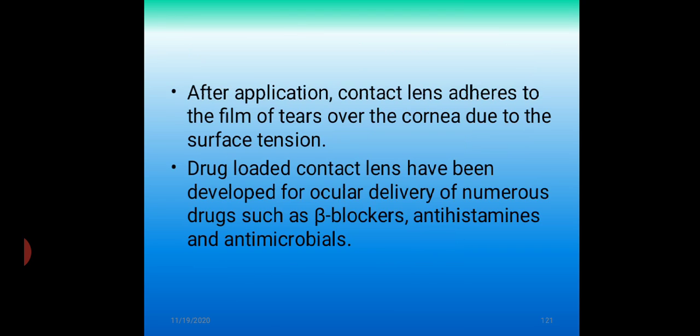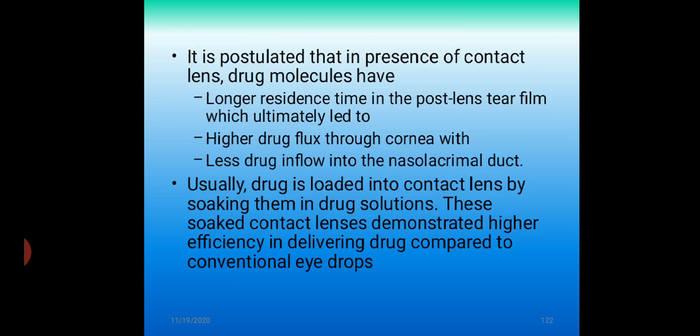After application, the contact lens adheres as a film of the tears over the cornea due to surface tension. It is attached properly to the cornea. Drug-loaded contact lenses have been developed for the ocular delivery of numerous drugs such as beta blockers, antihistamines, and antimicrobials.